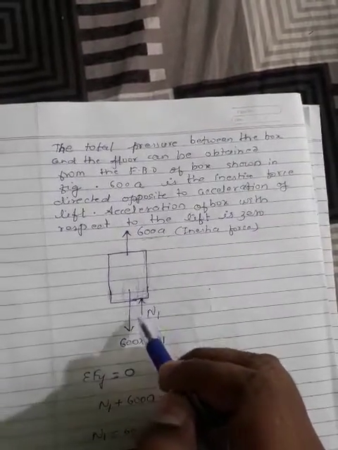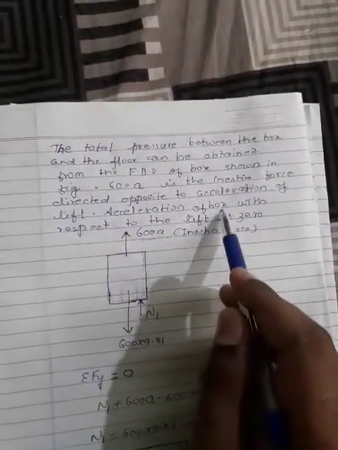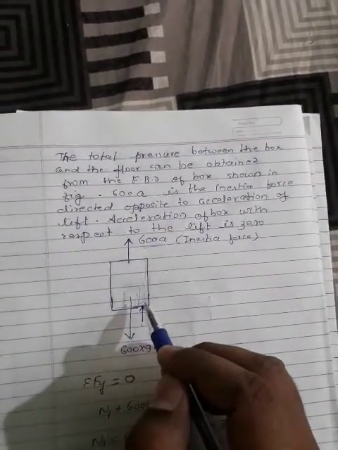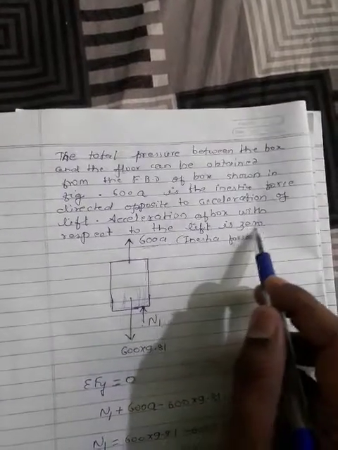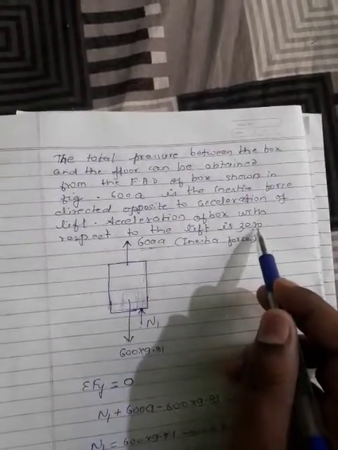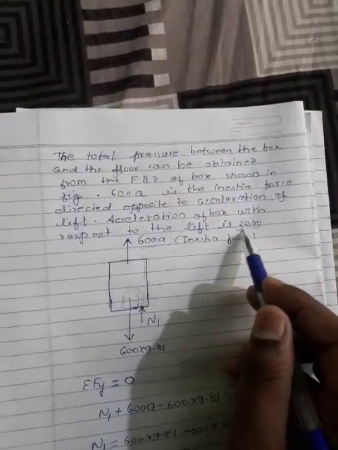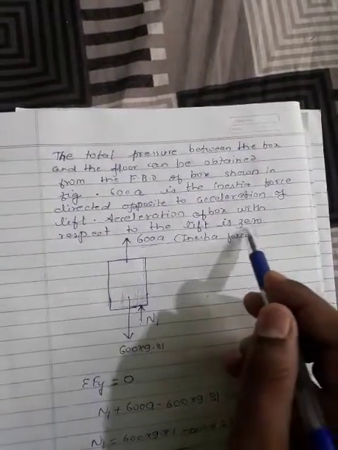The acceleration of the box with respect to the lift is 0, because both are moving with the same acceleration, means with respect to each other there will be 0 acceleration. So now I am applying summation Fy equals 0 in the vertical direction.